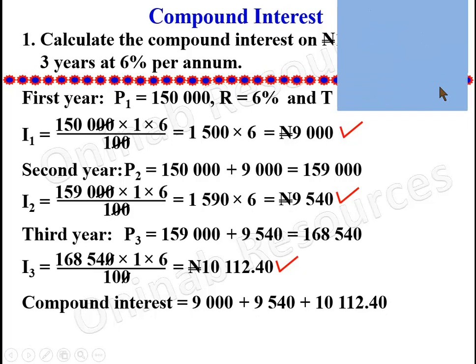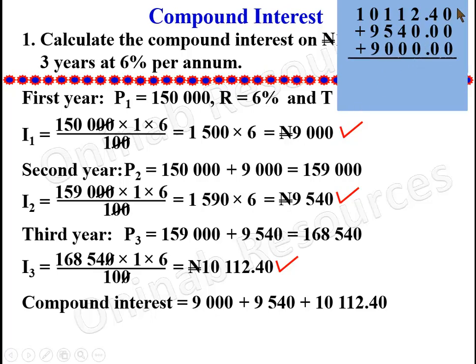We can do the addition here. I start with the largest number. That's 10,112 naira 40 kobo. And this one can be written as 0.00. So 9,540.00 plus 9,000 naira. So here is 0. This is 4. 200. This is points.